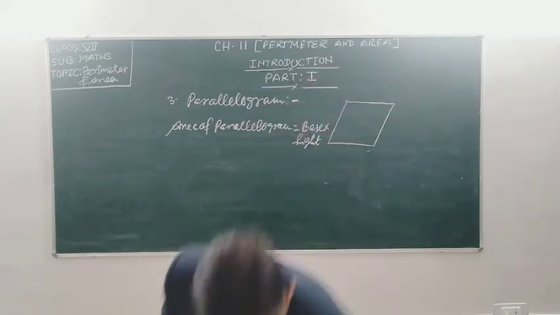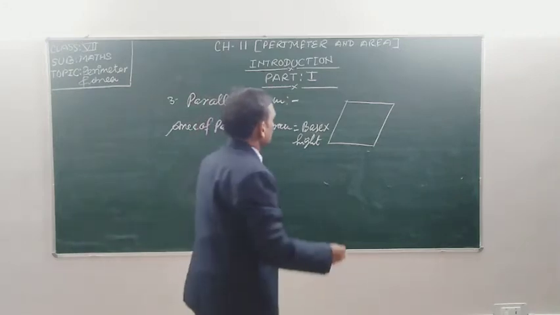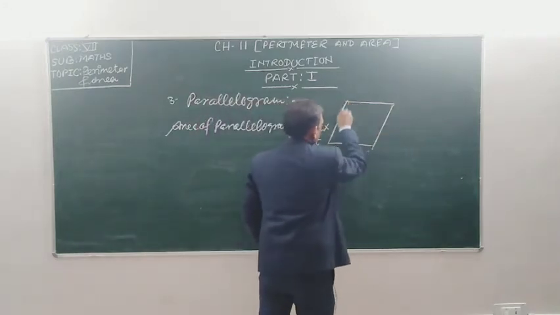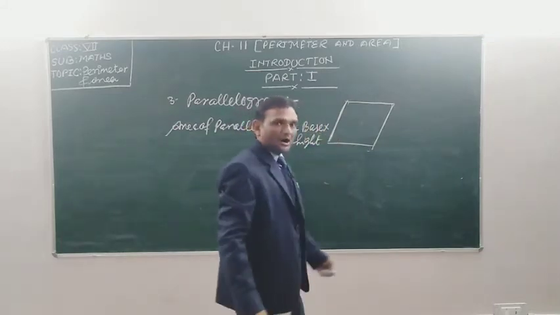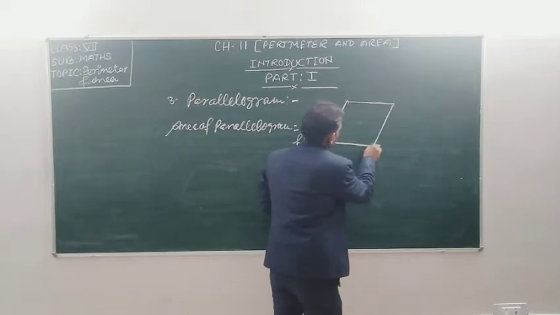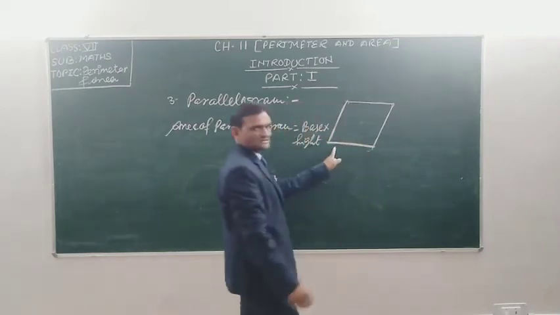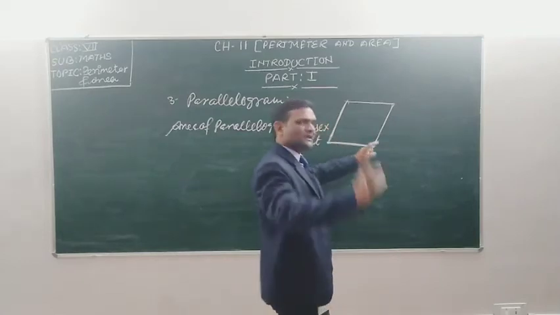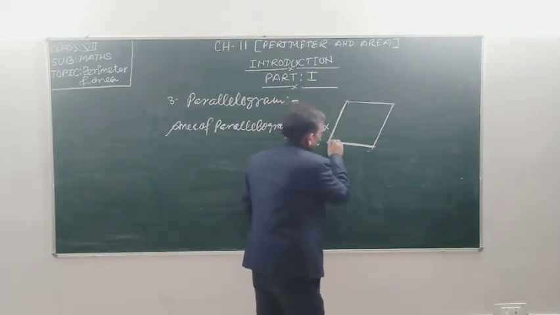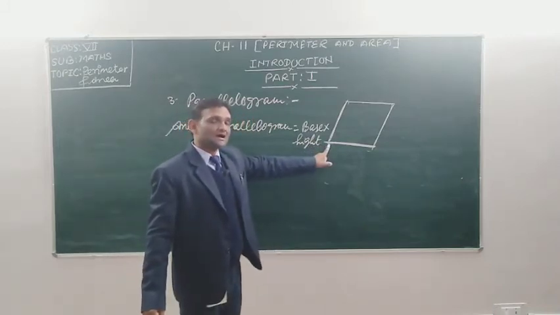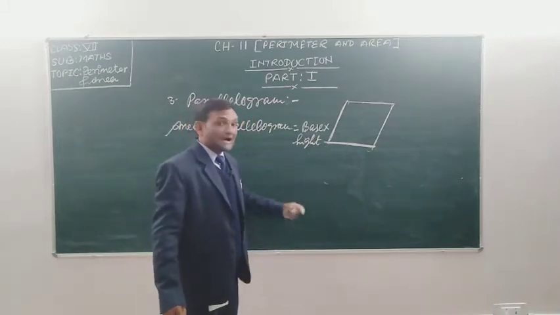So student, you are seeing here that this parallelogram stands on this side. So this is the base. You can assume this base, this is the base. You can assume this side also base. But here I am taking this side as the base. This is the base of the parallelogram. And height.